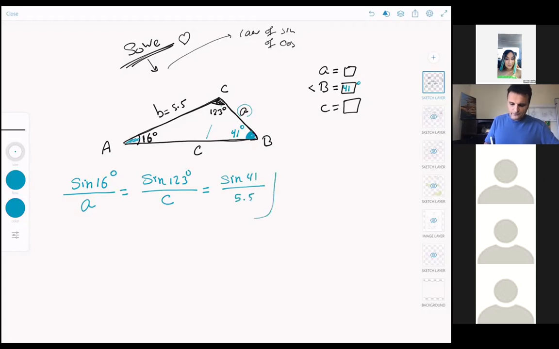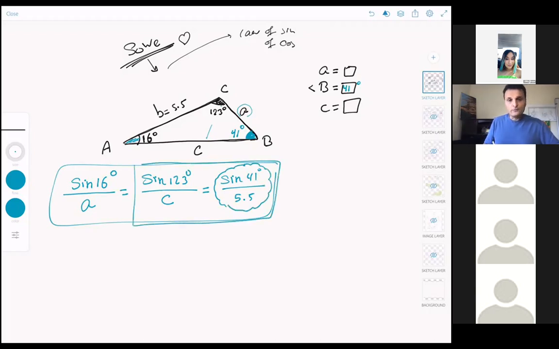This is the entire law of sines. In this part, we have everything, it's all given. So I can use this to solve for C, or I can use these two to solve for A. I'm going to solve for A.